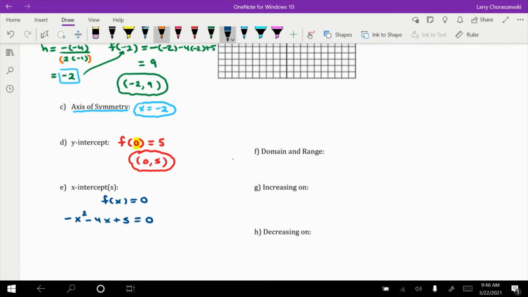But before you factor anything, it might be helpful to multiply each side by -1. And that's because the coefficient of x² is negative. So it's going to be easier to factor if the coefficient of x² is positive. Now you do distribute the -1 to clear parentheses, in which case you get x² plus 4x minus 5 equals 0.